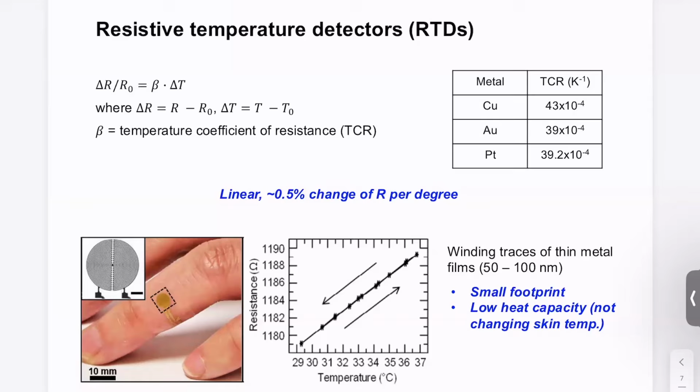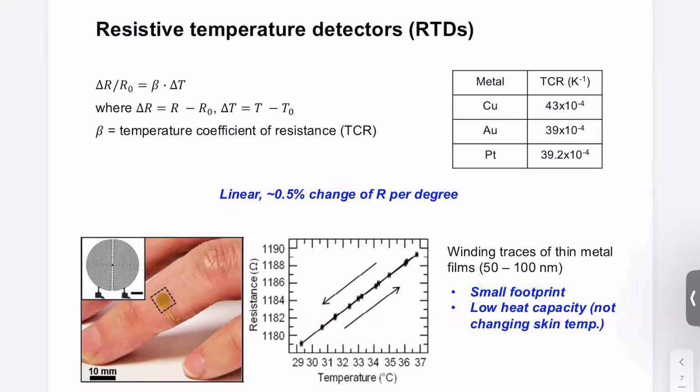Let's say we can easily have 2 or 3 ohms at our electrodes. So you want your RTDs to have a large resistance so that those parasitic resistances can be ignored. So we want to increase the resistance, and by using winding traces, we can still have a large resistance while keeping the footprint small.